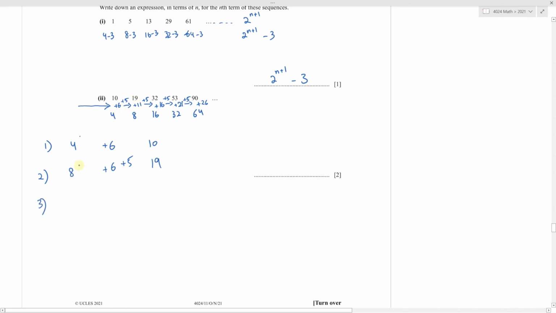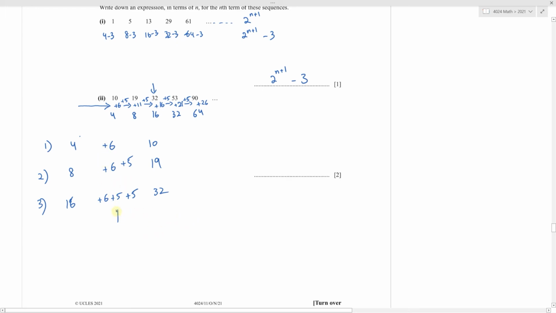Then you have 4, 8, 16, and then you add 6 plus 5, and then another 5 to get 32. 16, this is also 6 plus 5, 11, 11 plus 5 is also 16. So 16 plus 16, 32, you get this 32. So for the amounts that you're adding, you're getting a sequence where the difference between two consecutive values is 5.